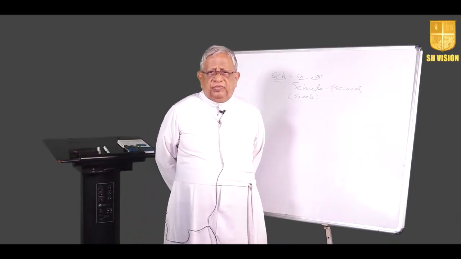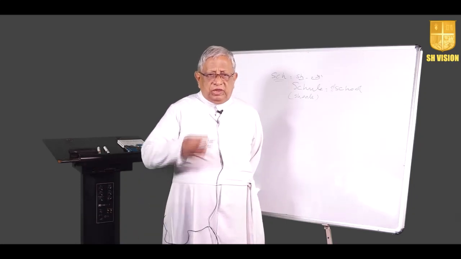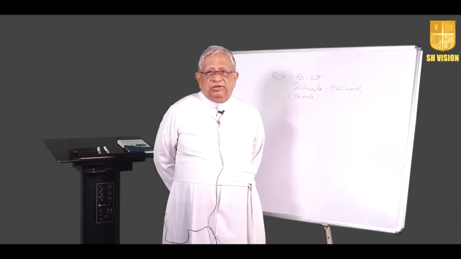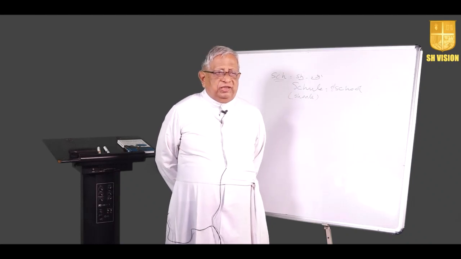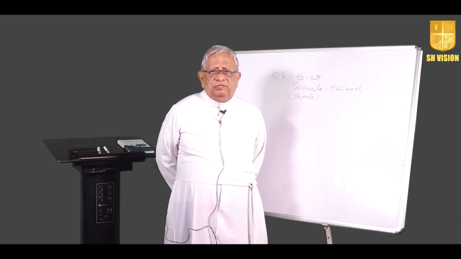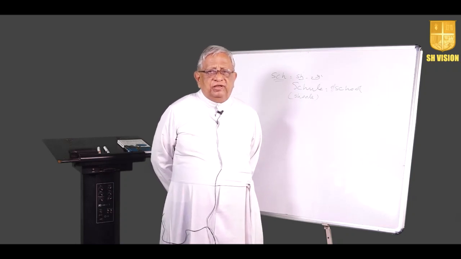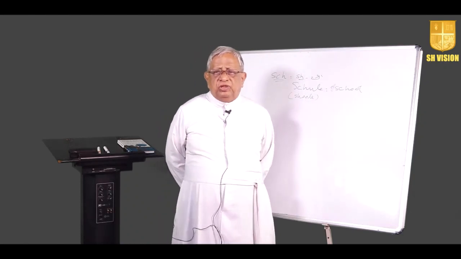Then we spoke about the 4 additional letters of the German language. Besides the 26 letters of the normal alphabet, German has 4 additional letters. 3 of them are formed from 3 vowels.